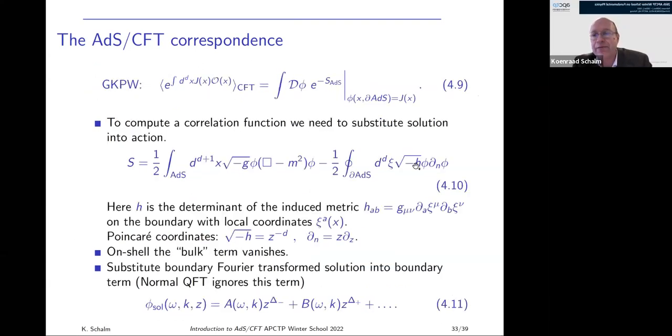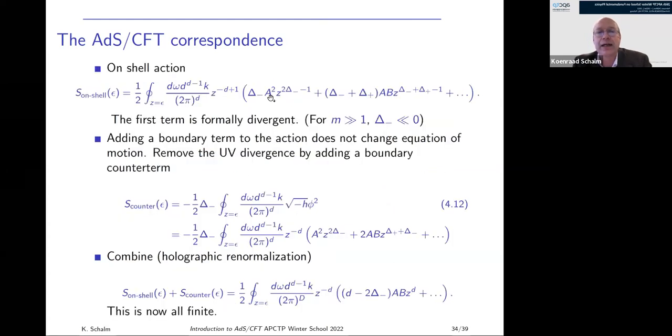I have phi and the derivative with respect to Z of phi, and I substitute those in. If I substitute the leading part twice, I get an A squared. The exponent was delta minus, and taking one derivative gives Z to the delta minus minus 1. This is the prefactor, the induced metric times the Z from the normal derivative.